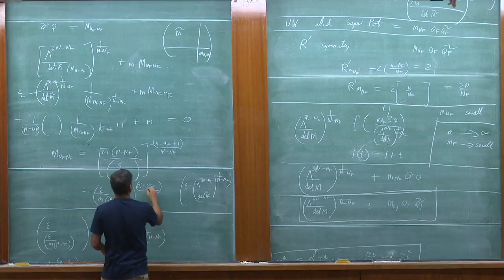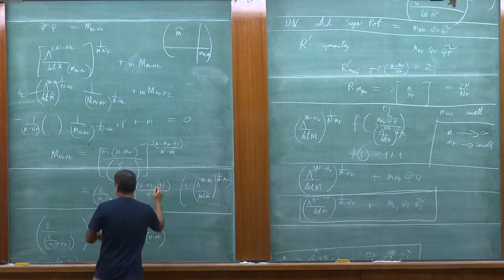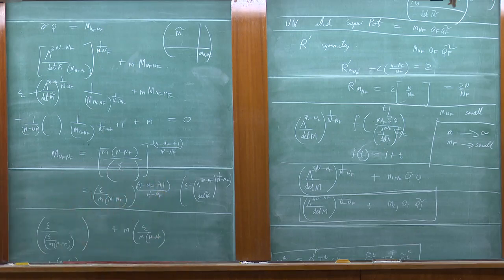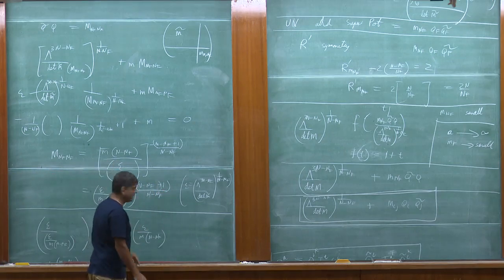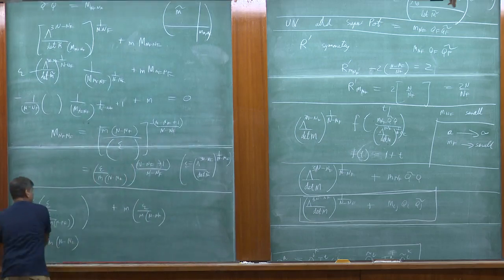So n minus nf, just without the minus sign. n minus nf plus 1 divided by n minus nf. This you agree? Yeah, I've just flipped sign. Okay, excellent. Now let me do it again.